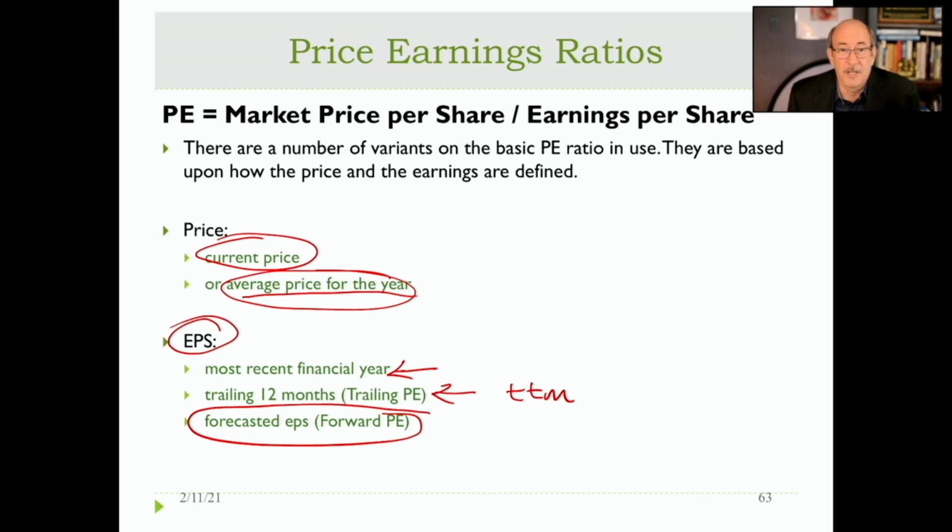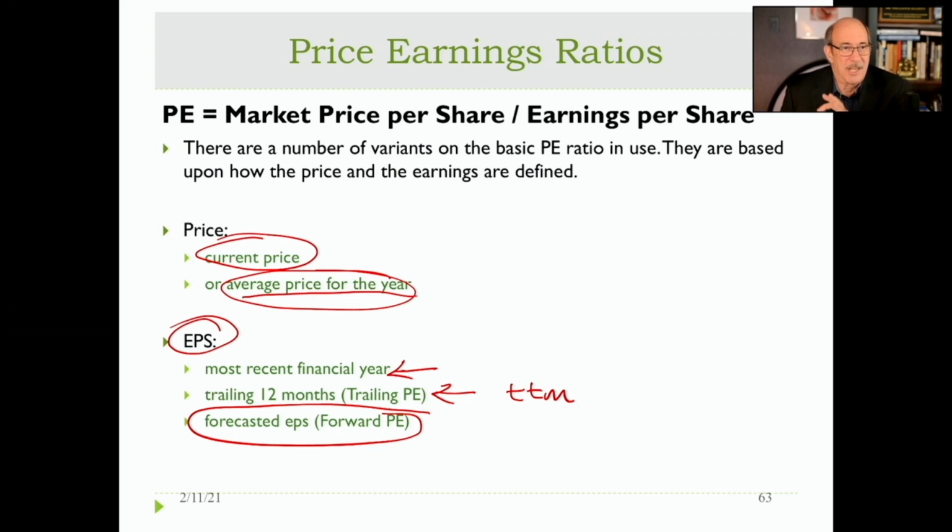Now, obviously, if you're using a forecast of EPS to calculate your PE, you're going to get very different measures than somebody else using their forecast because your forecasts are probably going to vary. However, the forecast PE is really what you want. Both the first two, either the most recent financial year or the trailing 12 months, are historical. They're backward looking. So we really don't want that.